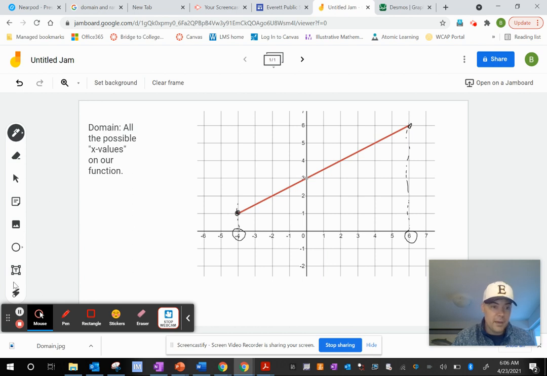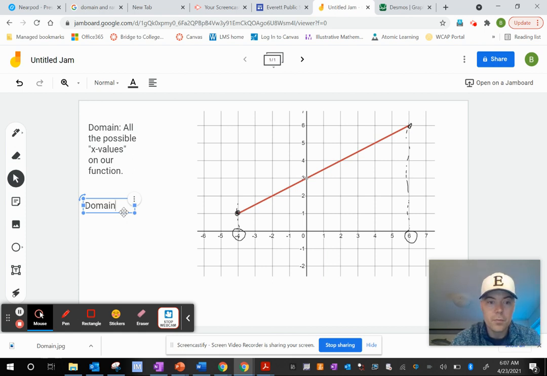So the domain for this function is -4 to +6. That is the domain, and it's every single value.